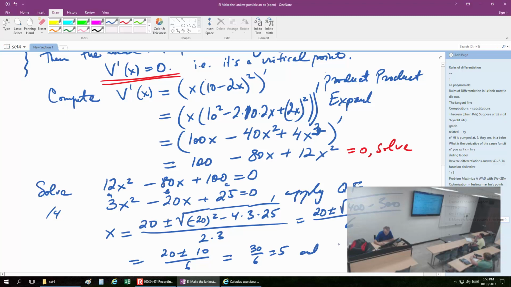And 10 over 6, which is 5/3. No, I want to keep fractions, so let me put it this way: 5/3. Right. Okay.